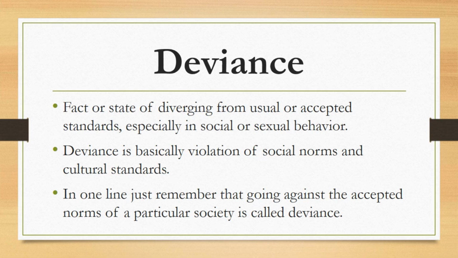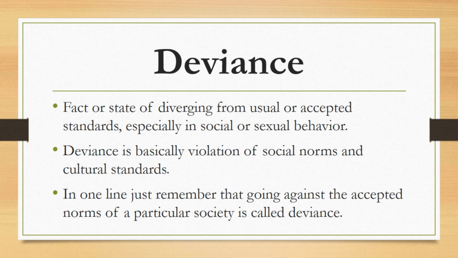As we know, there are different norms, values and cultural standards in different societies. Following those norms, values and cultural standards is considered normal, but going against these standards is considered an abnormal act and usually does not get acceptance.